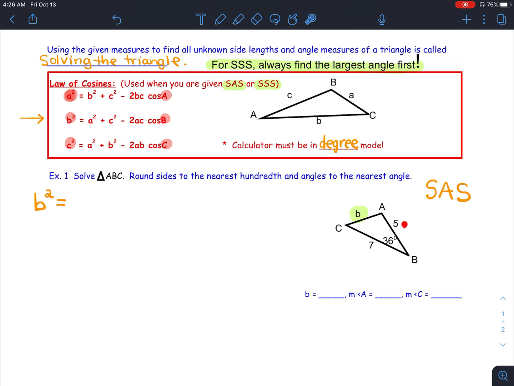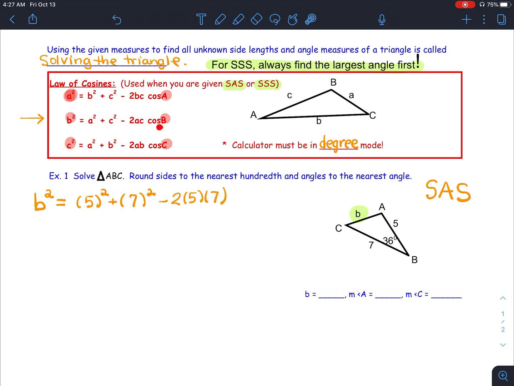We can see the other two sides you're given are 5 and 7. So we're going to fill in 5 squared plus 7 squared. After that, it's minus 2 times the product of those same two sides, just not squared. So we're going to fill in minus 2 times 5 times 7.